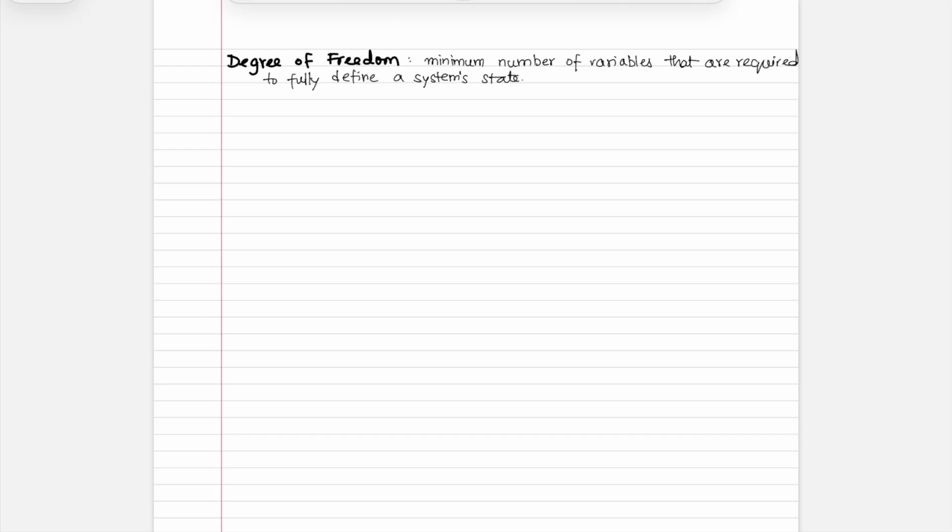So if you're dealing with just a particle, for example, a point in space, and let's say this is 3D space in which we live, how many variables do you need to be able to define this? So with respect to some reference, you would need to know what is its x coordinate. Let's say this here is x, this is y, and this is z. Then if this here is the point, you want to know what is the distance from the yz plane, that is the x coordinate.